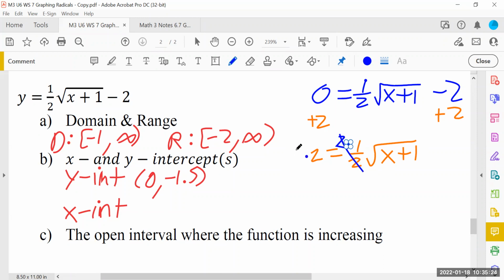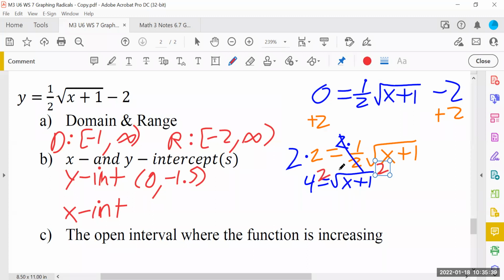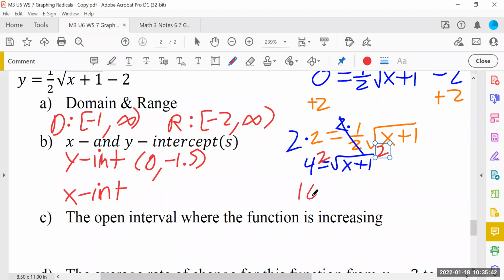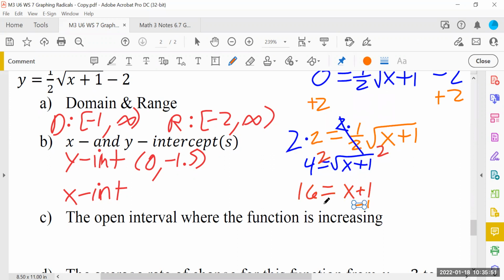Those cancel out. Times 2. 2 times 2 is 4. 4 equals square root of x plus 1. I'm going to square both sides. 4 squared is 16. 16 is x plus 1. Last step, subtract 1 from both sides. 15 equals x. That's my x-intercept, 15, 0. And that makes sense. It's off the graph to the right.